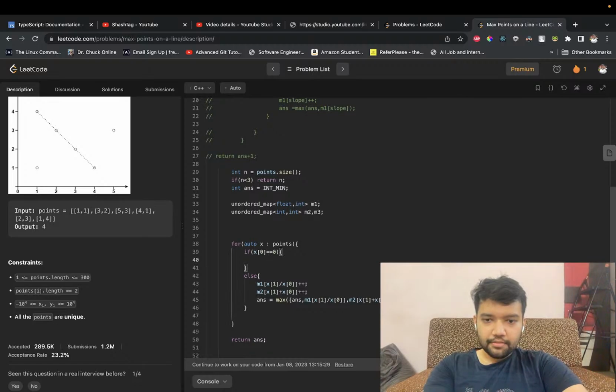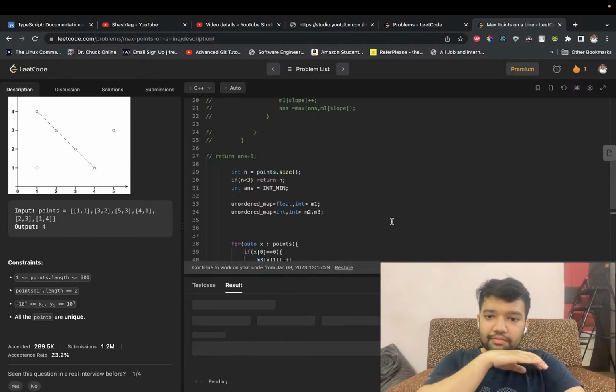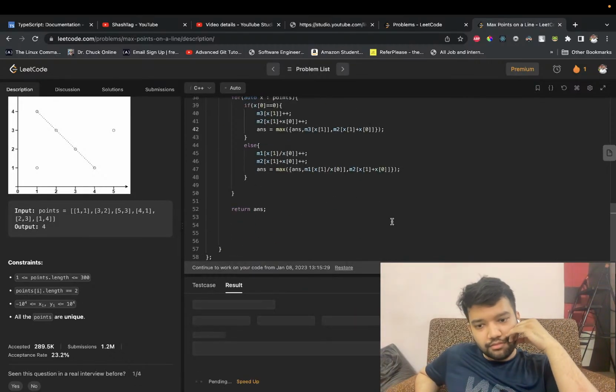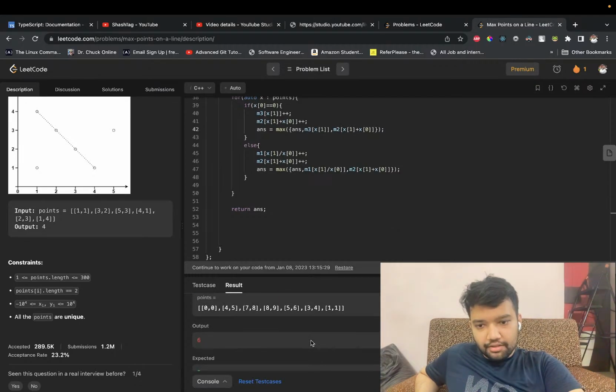Okay, M3 of x of 1 plus plus, and let's just add this in, and M2. Okay, this will become M3 x of 1. Let's try this, and it fails this one.